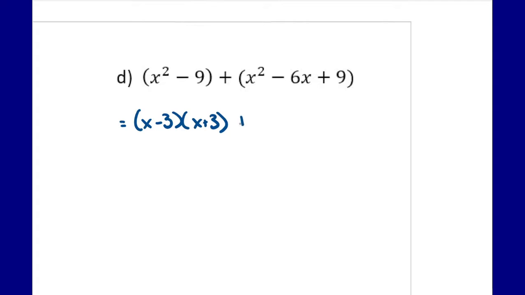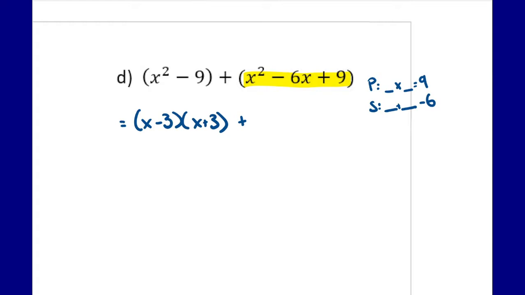But in our second bracket here, this x squared minus 6x plus 9, that's a simple trinomial. We did cover that in the previous lesson. So here, because it's a simple trinomial, we're looking for two numbers that multiply to give us 9, and they add to give us negative 6.